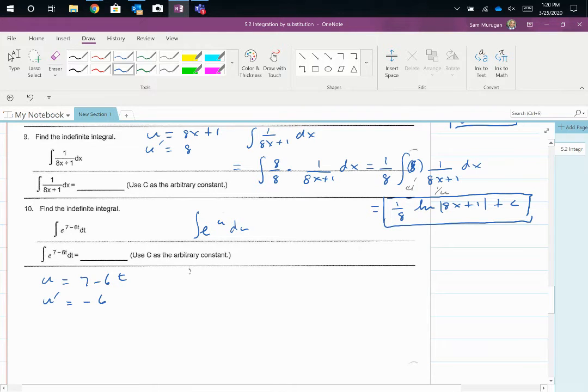So our integral of e to the power 7 minus 6t dt is equal to negative 6 over negative 6 times e to the power 7 minus 6t dt.